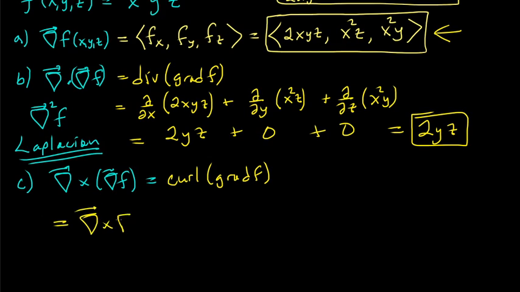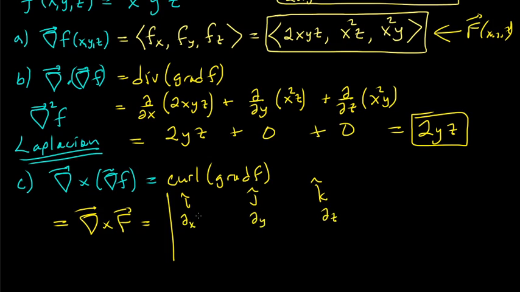I'll call it capital F. So I'm going to do the usual determinant, i, j, and k, and these are the partial derivatives. And then the three components are 2xyz, x squared z, and x squared y.